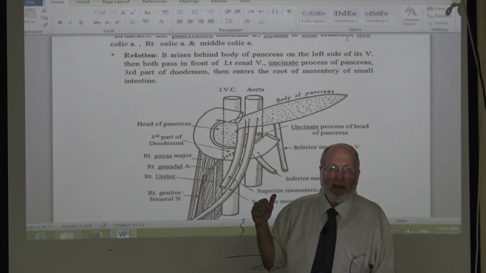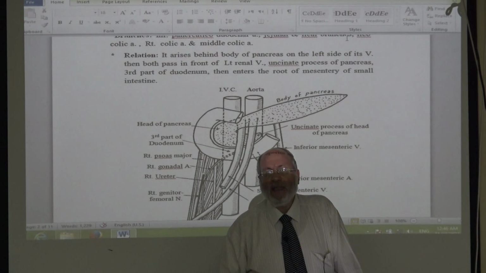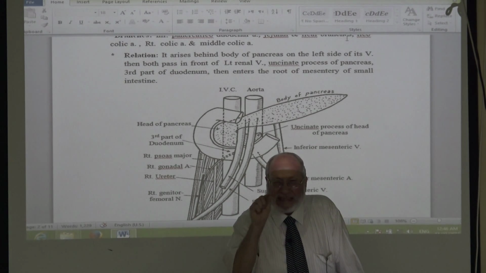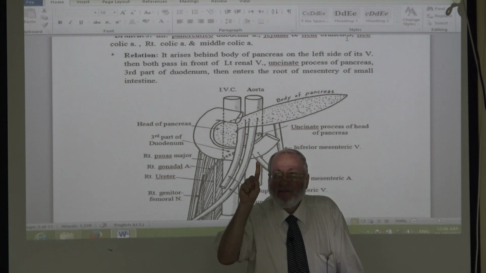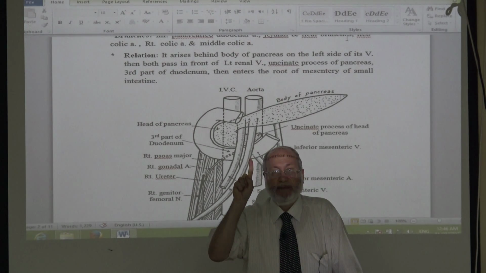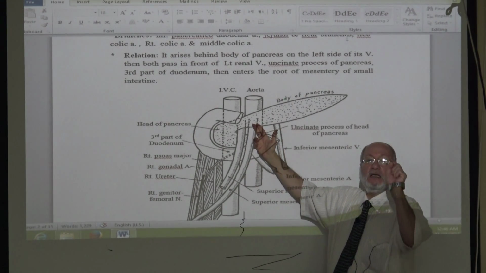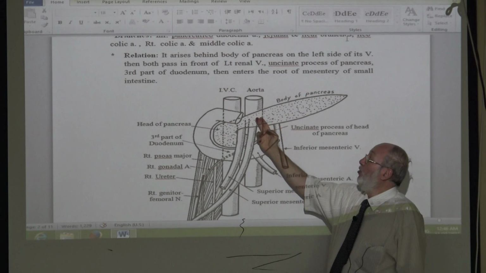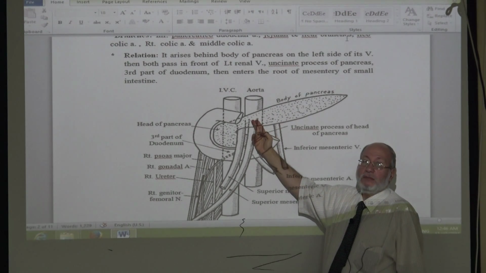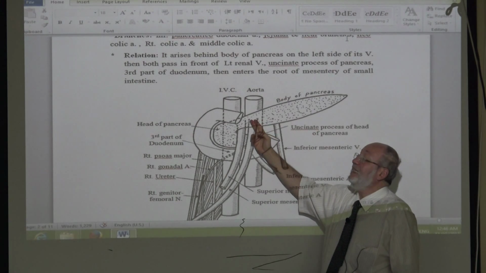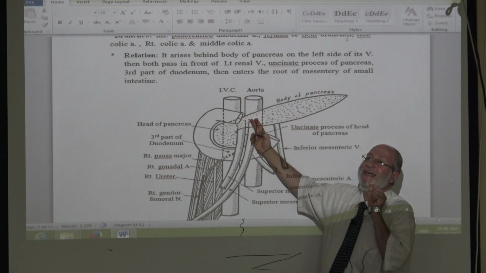The celiac trunk arises from the abdominal aorta at the level of the upper border of L1. The superior mesenteric artery begins from the front of the abdominal aorta at the level of the lower border of L1.